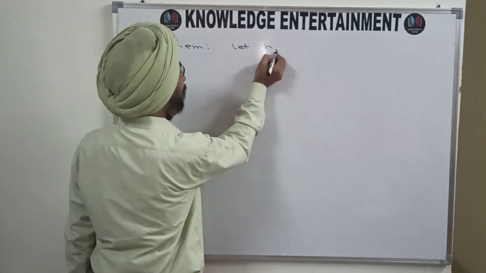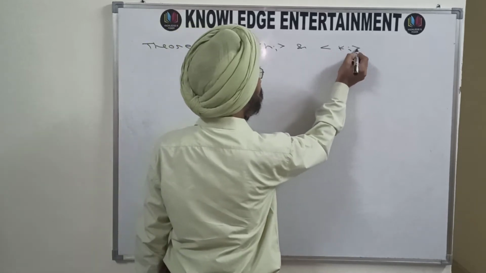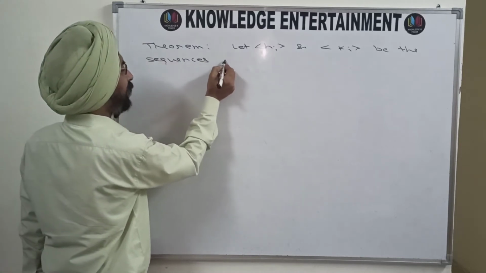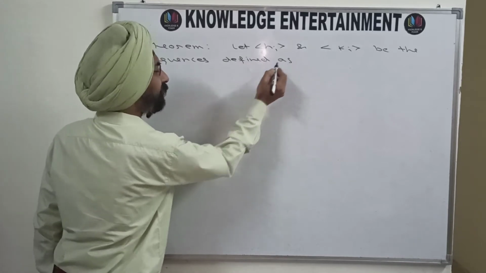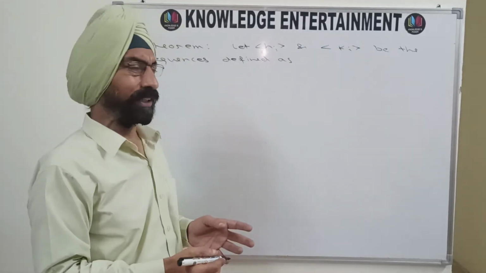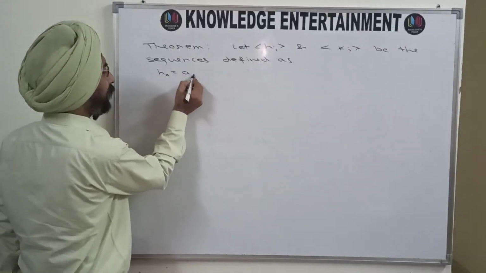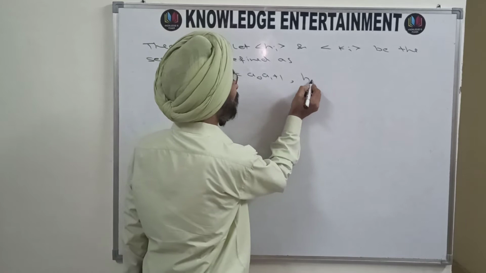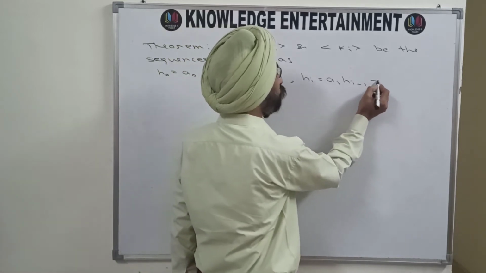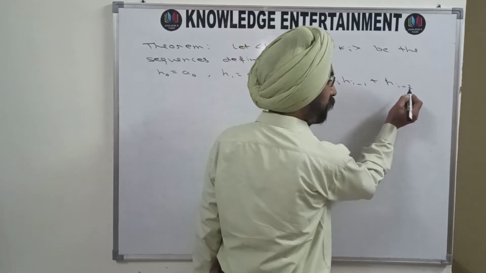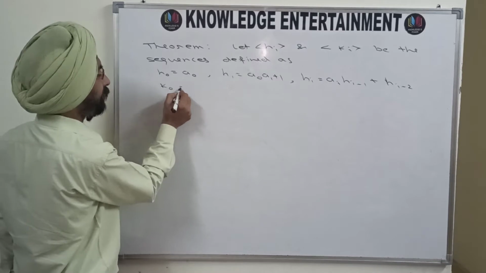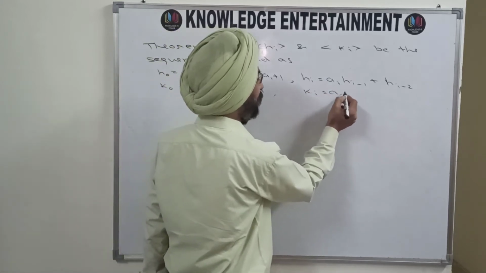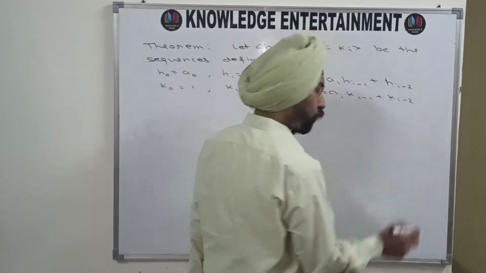Let hi's and ki's be the sequences defined as, I have defined it in the previous video also, and I'm going to define it once again: h naught is equal to a naught, h1 is equal to a naught a1 plus 1, hi in general is ai hi minus 1 plus hi minus 2, k naught is 1, k1 is a1, and ki is ai ki minus 1 plus ki minus 2.